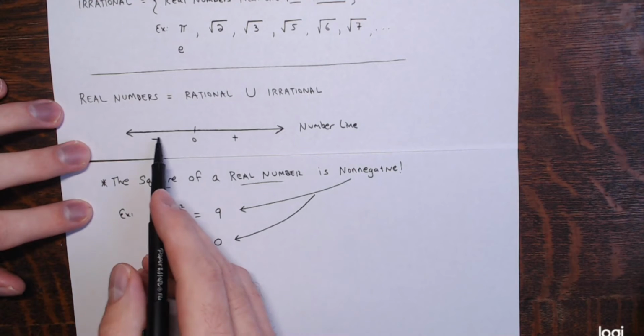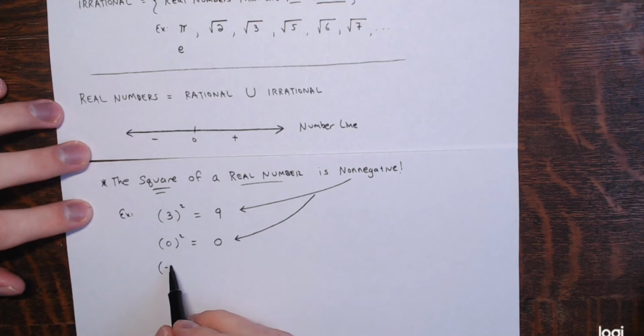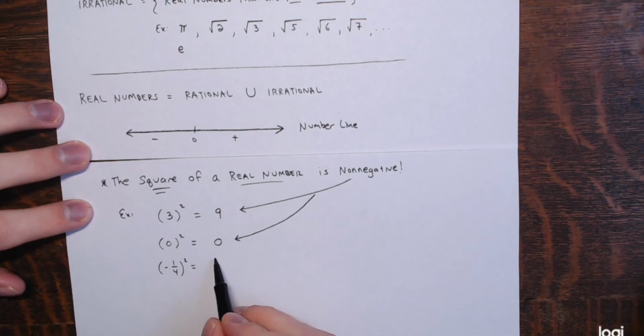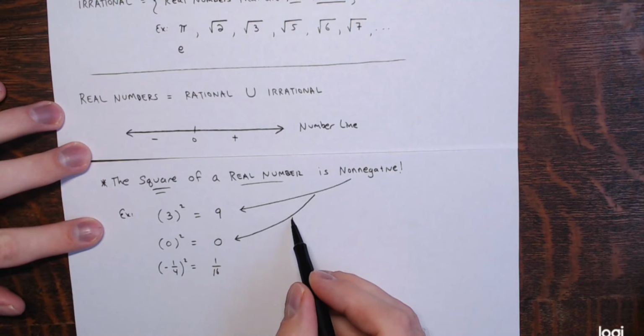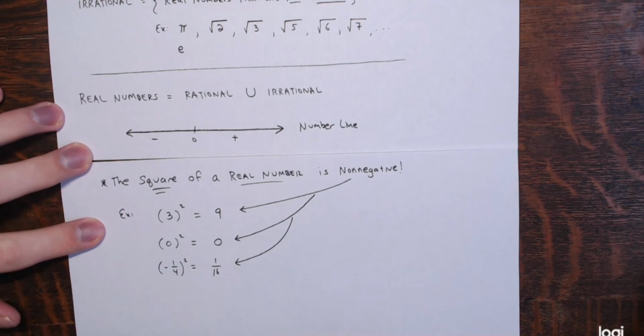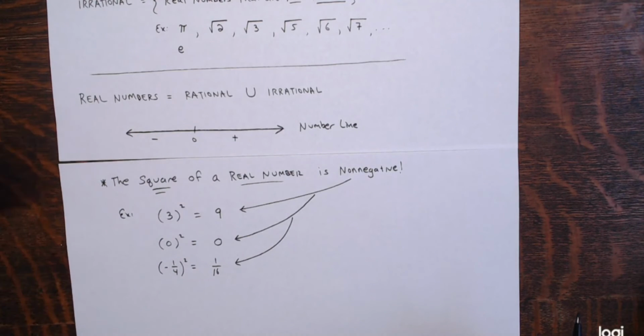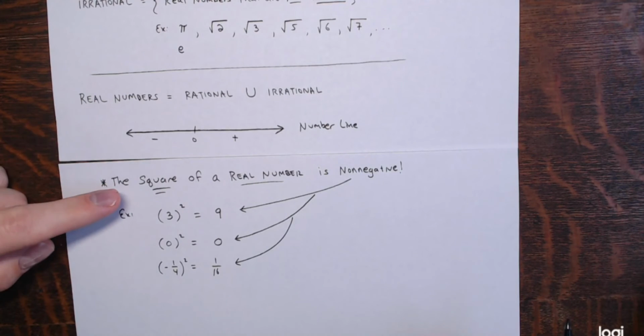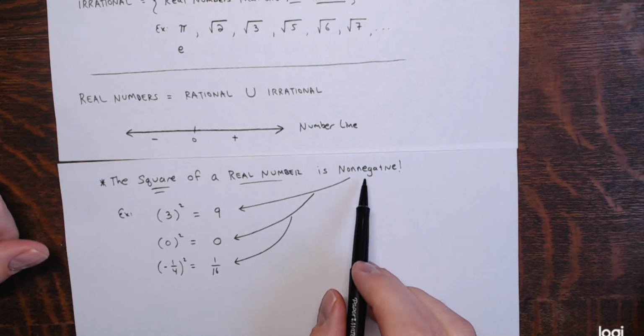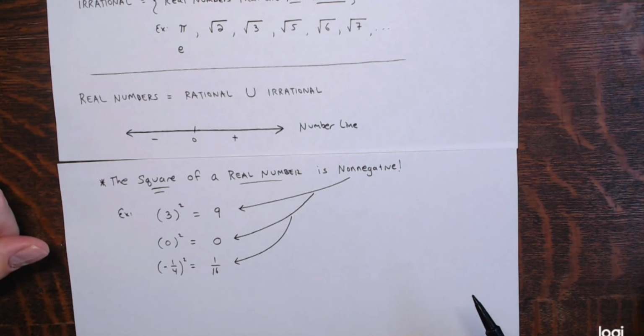Negative number on the line, negative 1/4, and square it. That's positive 1/16. Remember, a negative times a negative is a positive. Non-negative. So if you take any real number at all, and square it, the result is non-negative.